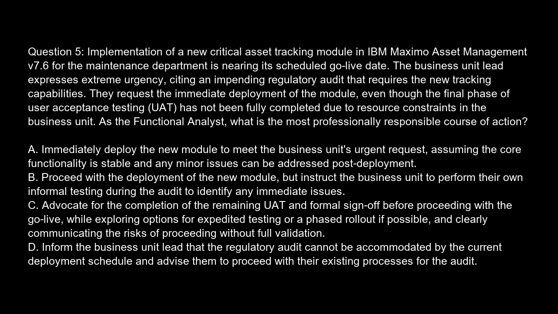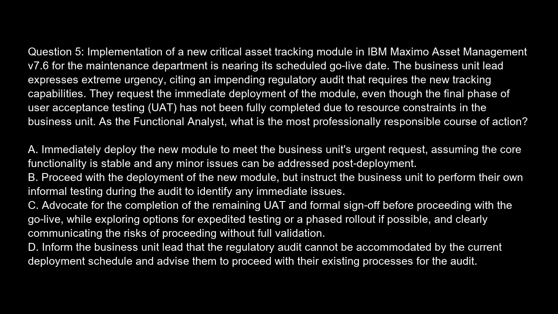Option A. Immediately deploy the new module to meet the business unit's urgent request, assuming the core functionality is stable and any minor issues can be addressed post-deployment. Option B. Proceed with the deployment of the new module, but instruct the business unit to perform their own informal testing during the audit to identify any immediate issues.